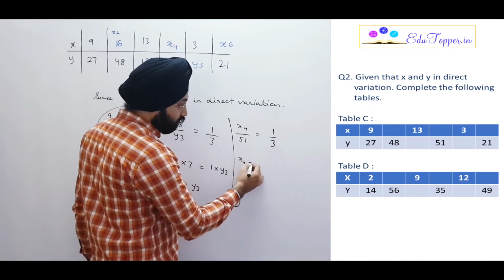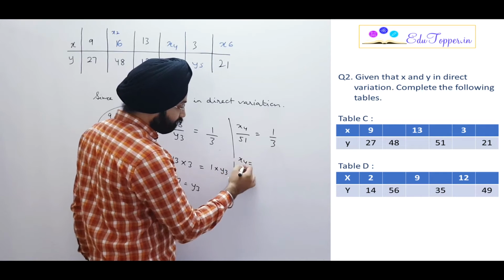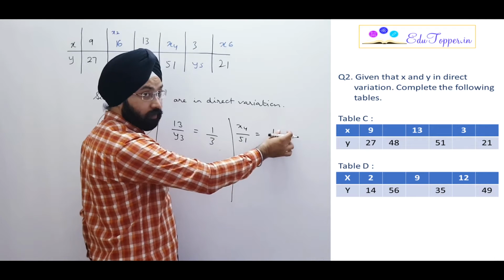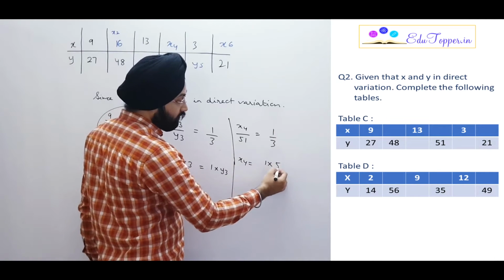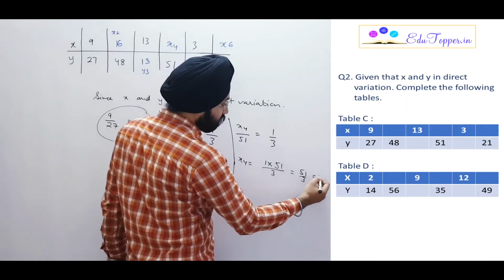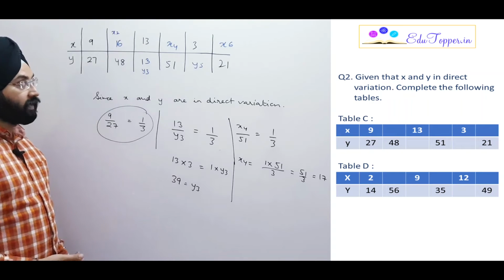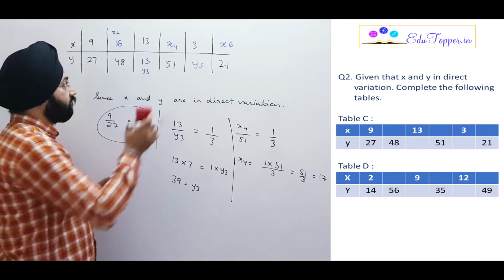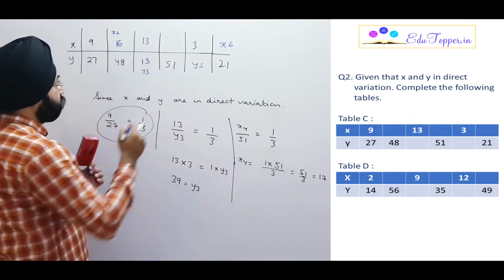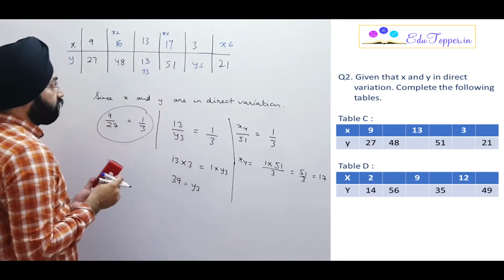So x4 will be equal to, this 51 will come here and get multiplied by 1. So it will be 1 into 51 by 3. So that is 51 by 3, that is 17. So the value of x4 is 17. This is x4, this is 17. Right.